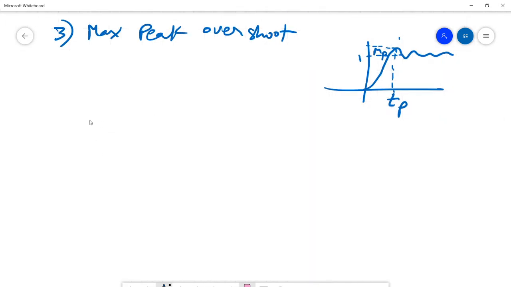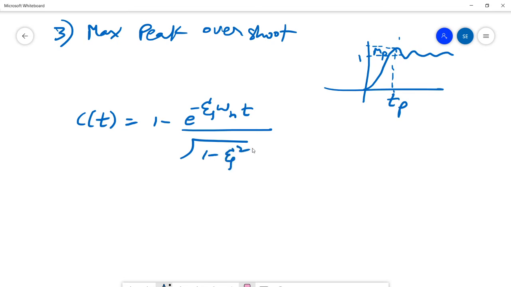Okay. Now what is c of t? c of t is common for all derivations. e power minus zeta omega n t divided by root of 1 minus zeta square, sine of omega d t plus phi. Right?